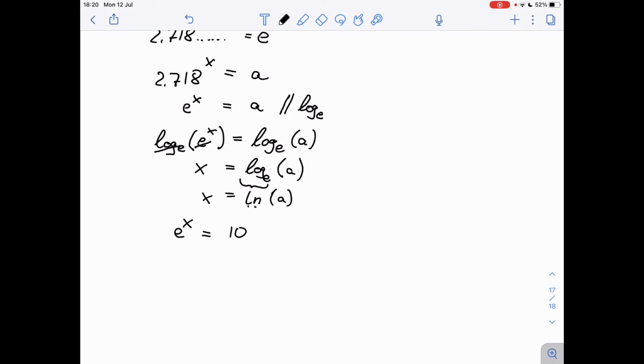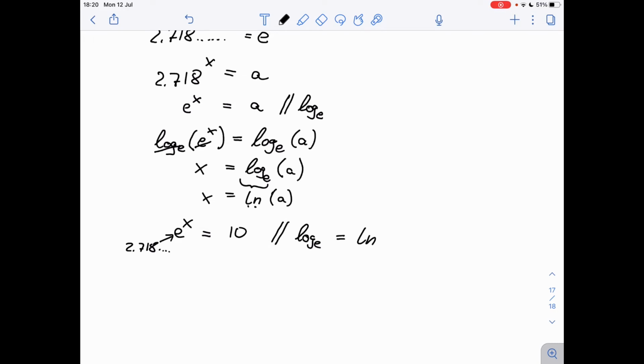If we want to find x, and we remember this here is the base, 2.718 and goes on and on, we take both sides log of e, or as I said, we can simply write ln, which makes it shorter.